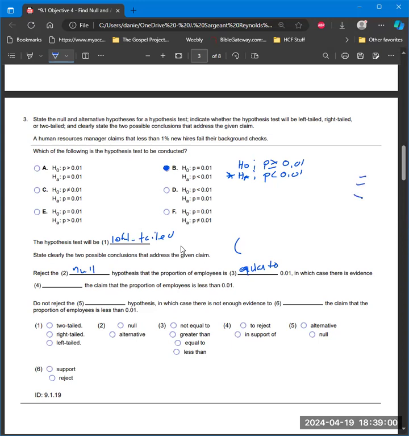We have equal to, greater than or equal to, less than or equal to. These can be H naught things, and they'll be paired with things in HA that are not equal to, strictly less than, or strictly greater than. This is two-tailed. This is left-tailed, one-tailed to the left. This is one-tailed to the right.